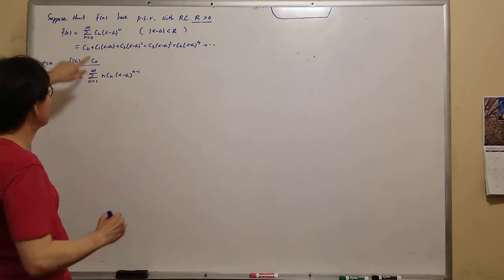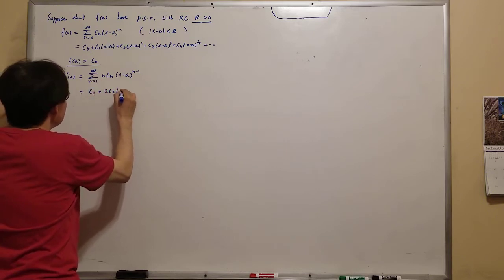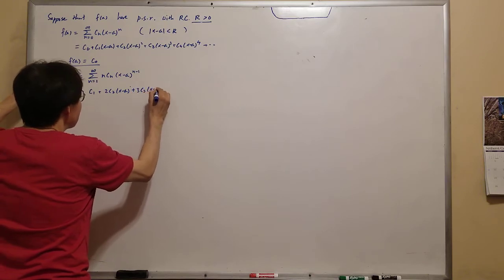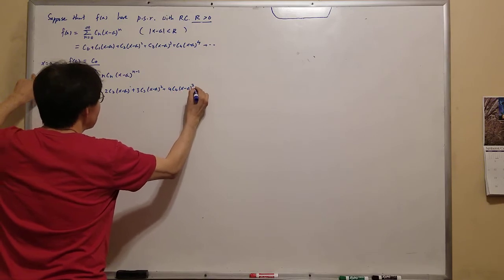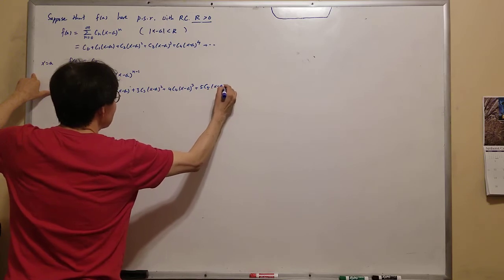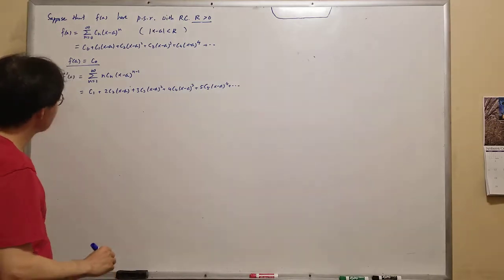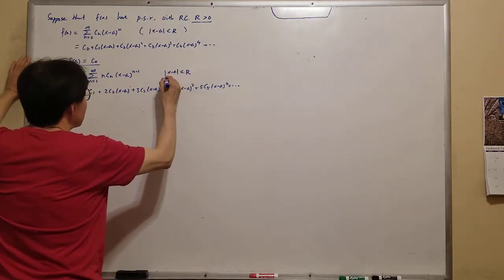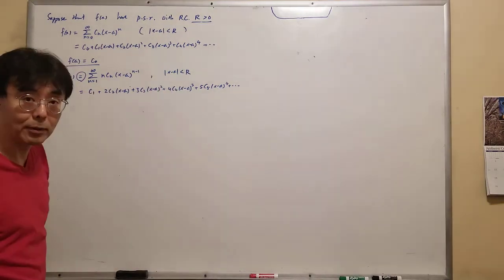So you get c1, 2c2(x minus a), 3c3(x minus a) squared, 4c4(x minus a) to the third, 5c5(x minus a) to the fourth, and keep going. This one has the same radius of convergence, and it is the same for all x, at least interior points.